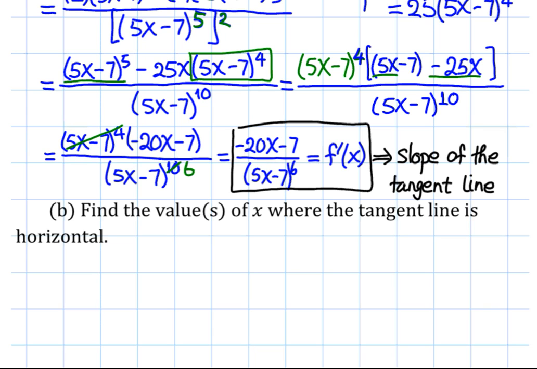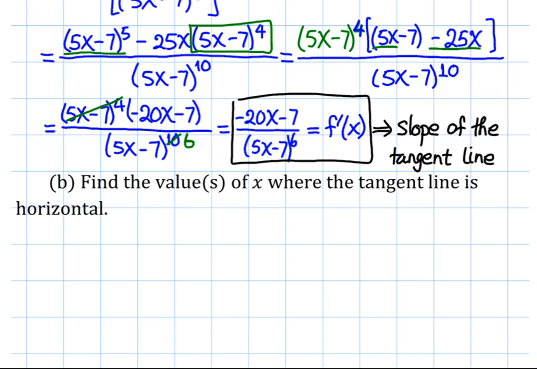In the next part of the problem, we want to find the values of x that make the tangent line horizontal. A horizontal line has a slope equal to 0, meaning the derivative is equal to 0. So let me write this: the tangent line is horizontal, meaning the derivative is equal to 0.